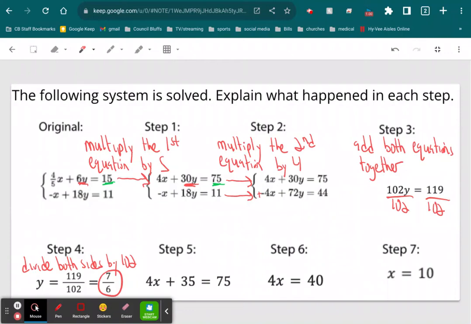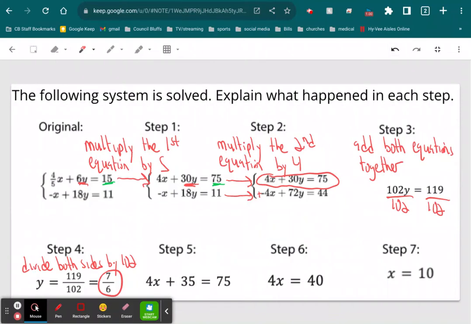And then let's see here. We go to 4x plus 35 equals 75. So it looks like they're dealing with the first equation up here, and 30y became 35, so it looks like they plugged in 7/6.